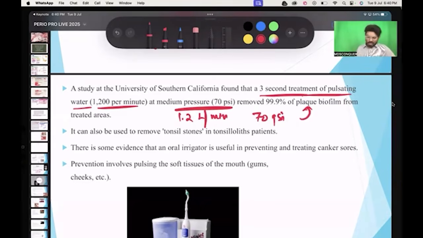Not only this, it is also used to remove tonsil stones. This can also be used to treat canker sores, and for different other purposes.